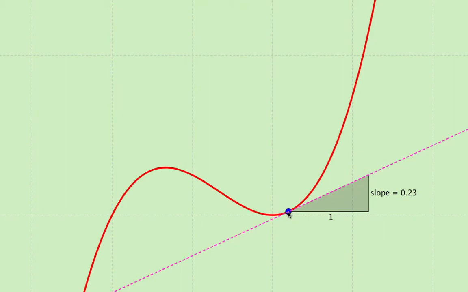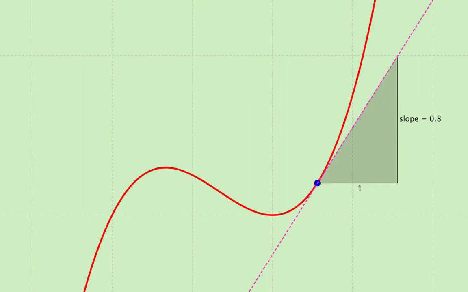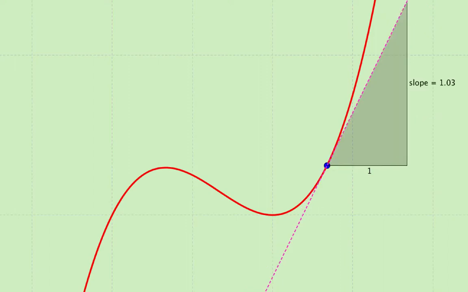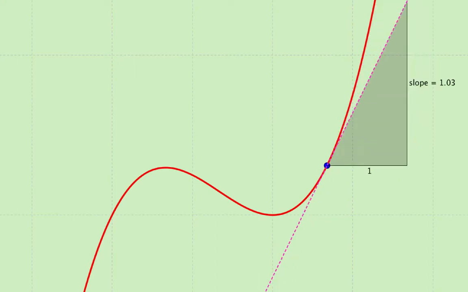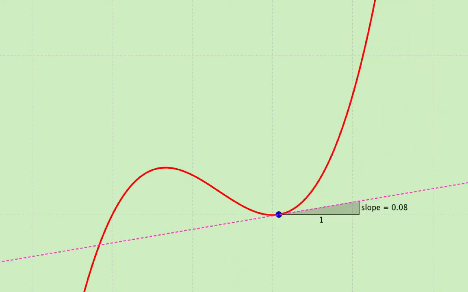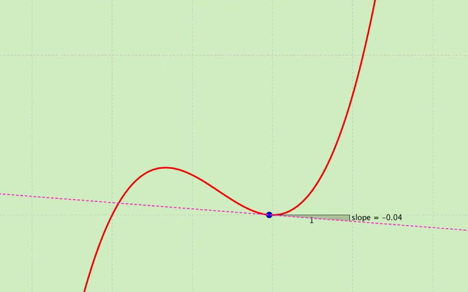The tangent is at this point, and now I'm going to move that point around. You see that if I go upwards, or rather to the right, the slope becomes bigger. It's now 0.8, and it becomes still larger here. It becomes larger and larger as I move in that direction. If I move back, then you see the tangent is getting flatter. The slope is getting less.